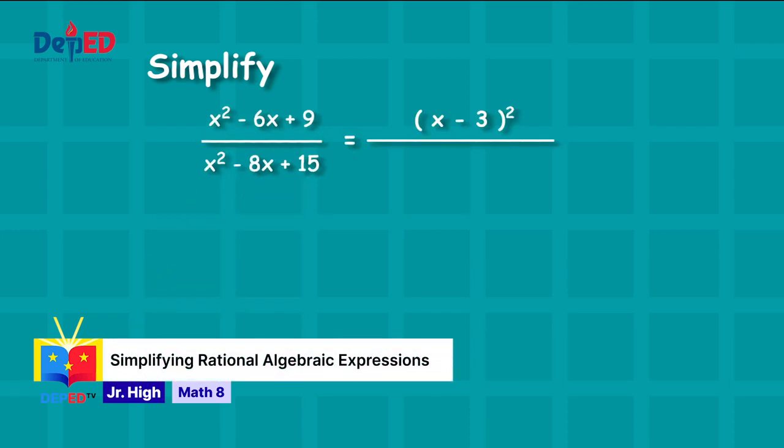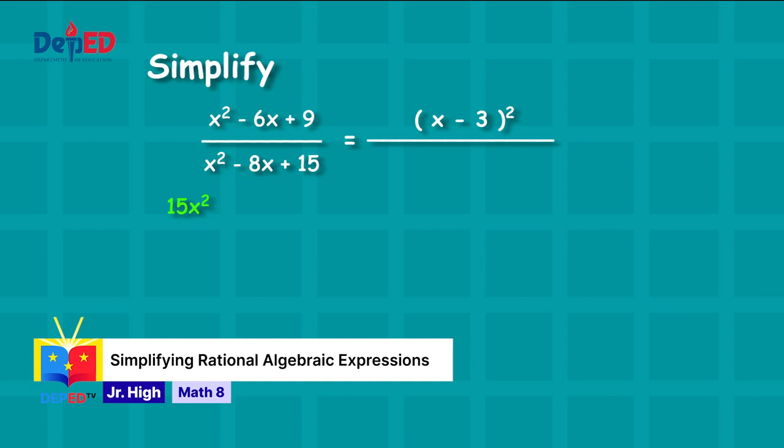How about the denominator? Is the denominator a perfect square? No, it is not, since the last term 15 is not a perfect square. Hence, this is a general trinomial. We will multiply the first and last terms, x squared and positive 15. We will get positive 15x squared.